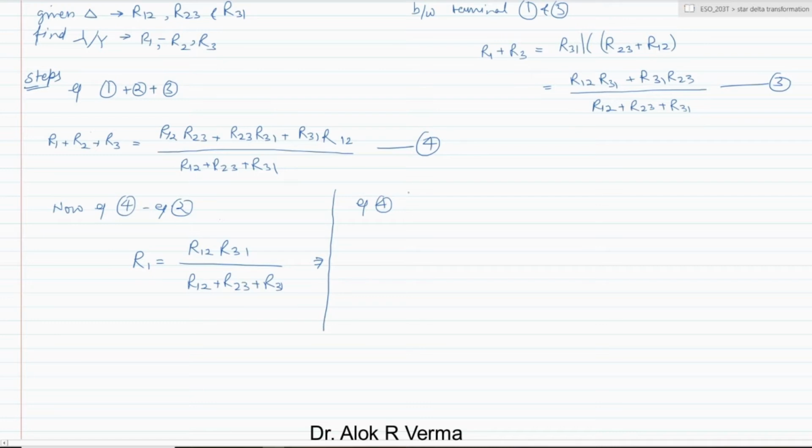Now equation 4 minus equation 3, if we do that, then we can calculate R2. R2 will be R23 R12 divided by R12 plus R23 plus R31.